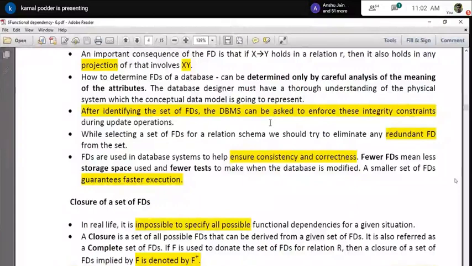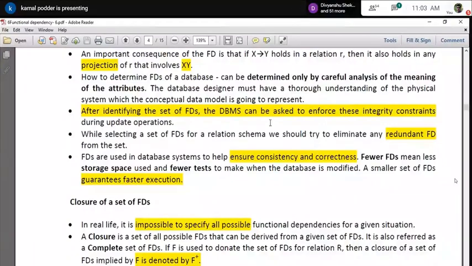It takes time, because as soon as you do any operation, if you give an integrity rule, say a foreign key relationship or the primary key or some other thing, the database will automatically check that before doing that operation. What does it mean? That means it takes a lot of time. So if there are a lot of integrity constraints you have imposed on the database which are unnecessary, it will slow down the database. So that is the reason you have to understand it properly.